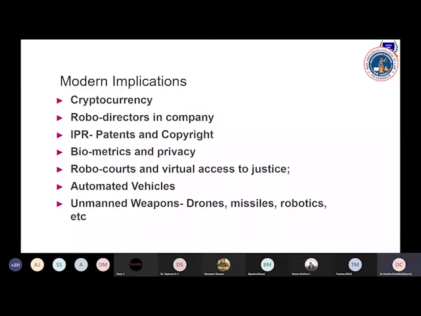Even though we have started digitalizing our criminal enforcement system with virtual FIR and all these things, virtual access to justice is where you can go to a platform and request legal advice. I have a legal issue. Instead of going to an advocate, I can go to a website and enter my problem, and the algorithm will give me the solution.